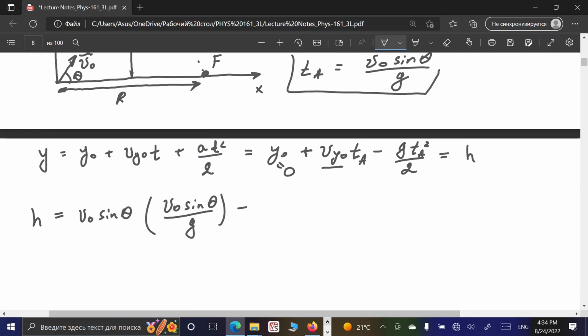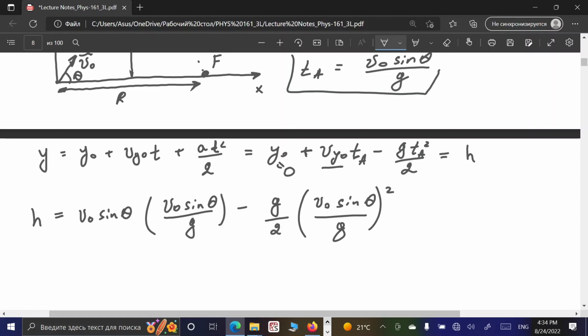Then we have an additional component originated from free fall acceleration. So it will be g divided by 2 times ta squared. So it will be v naught times sine theta divided by g in second power.